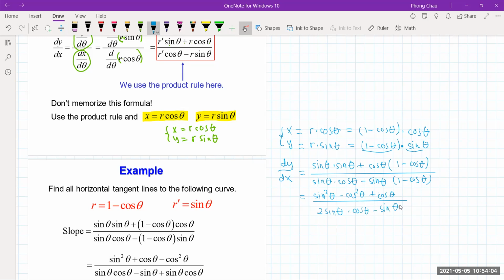Now don't forget that once you take a derivative, all this is really the slope formula.